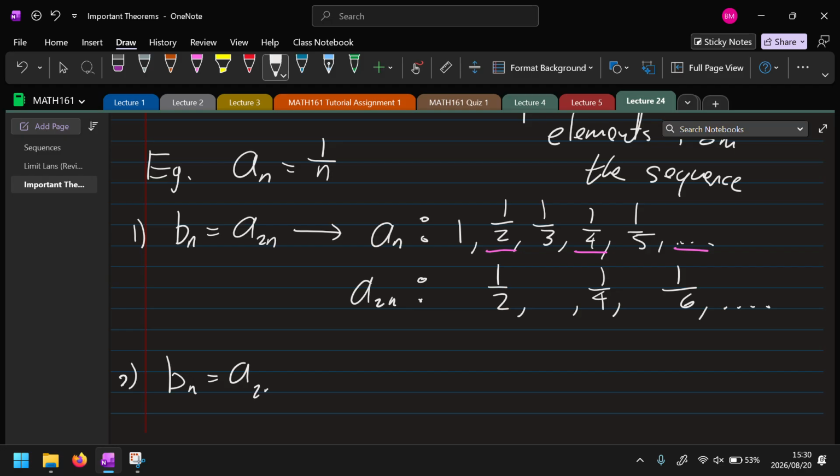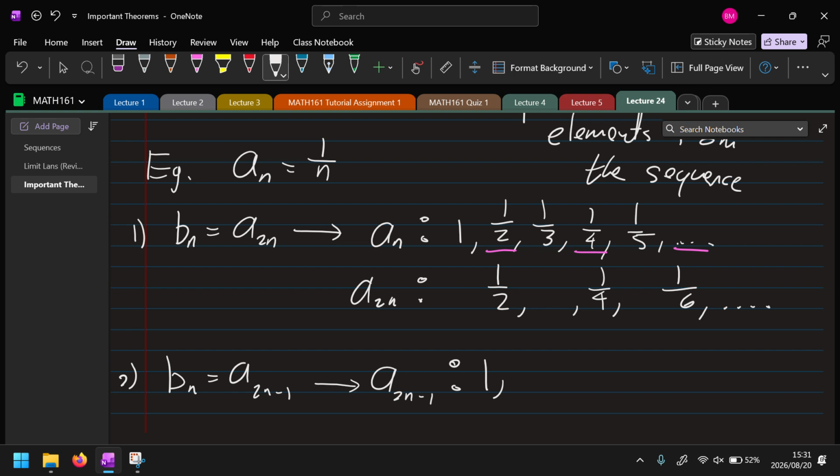b_n equals a_(2n minus 1). So now the function at the bottom there is 2n minus 1. So again, we go through, n is 1, 2, 3, 4, and we see what gets picked out. So when n is 1, what are we looking at? 1.